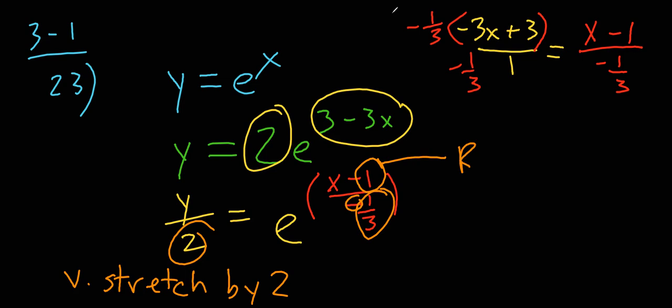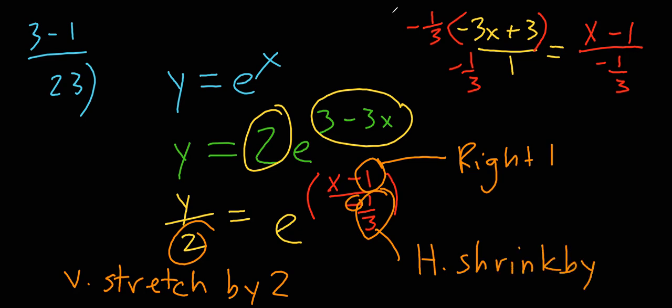Right 1? Good. Horizontal shrink by what? 1/3. Okay, good. And then? The reflection across what? Y-axis. Thank you.